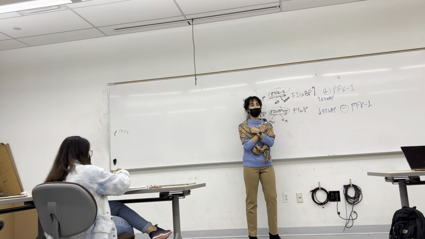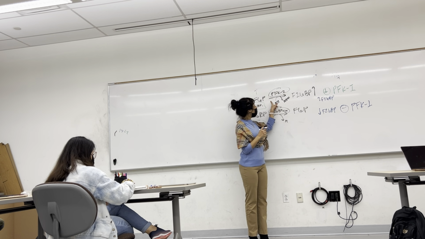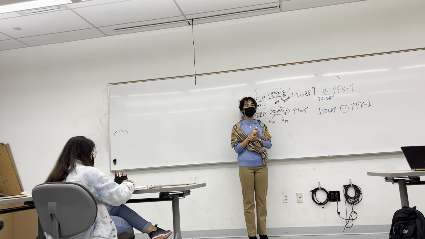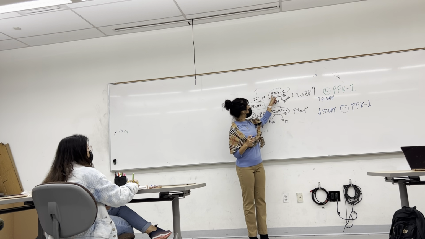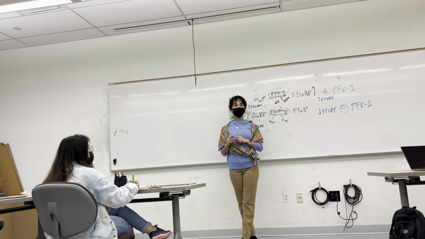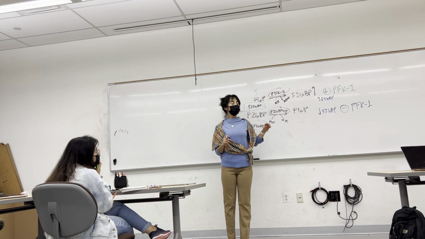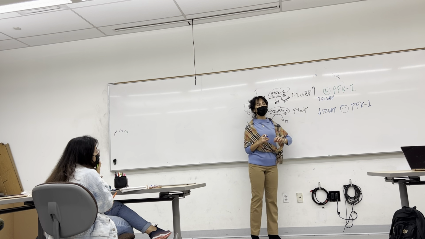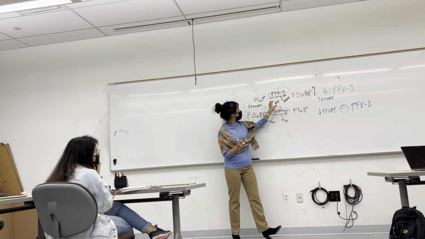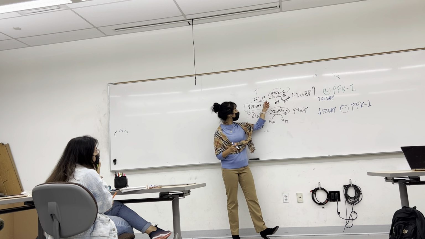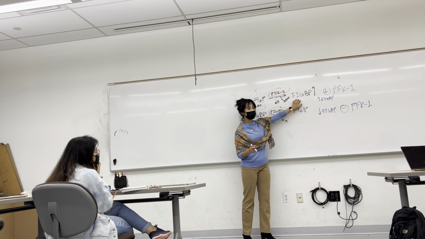So let me ask you this then. If I have an increased amount of PFK2, will PFK1 be activated or inhibited? If I have an increased amount of this enzyme, PFK2, would PFK1 be activated or not? It would be activated, right? Because PFK2 is telling you that you're going from fructose 6-phosphate to this.